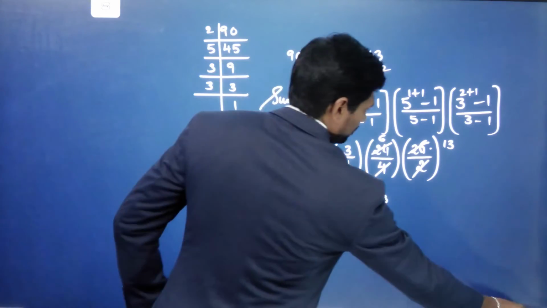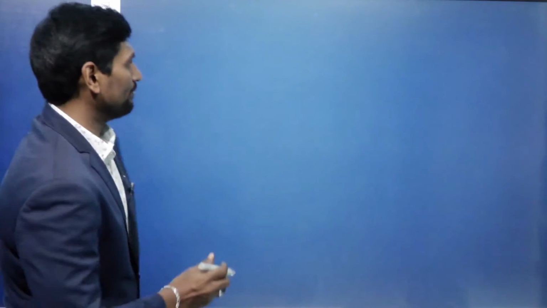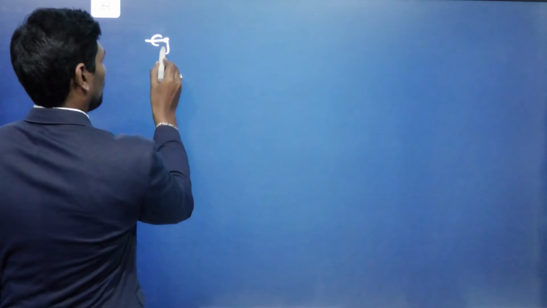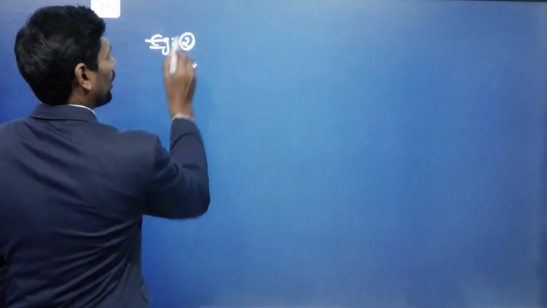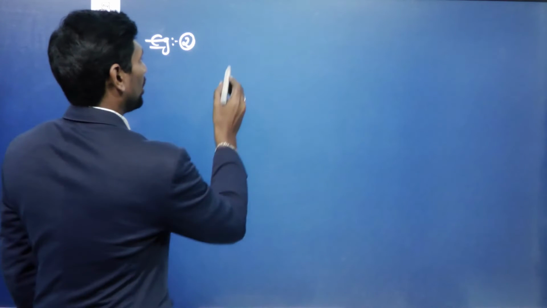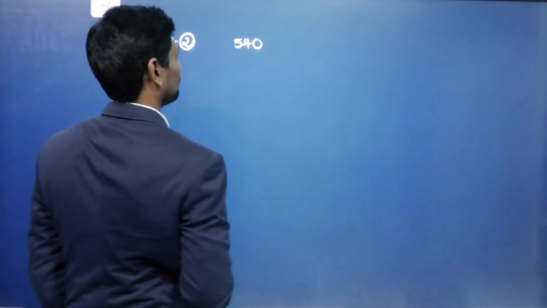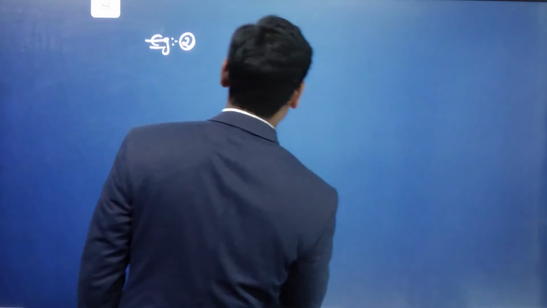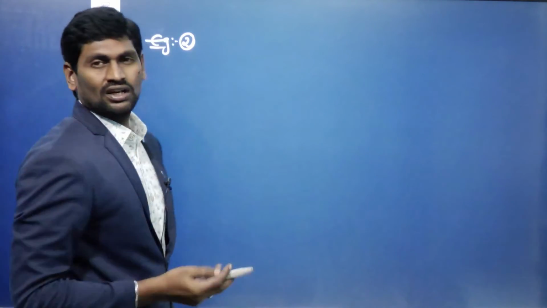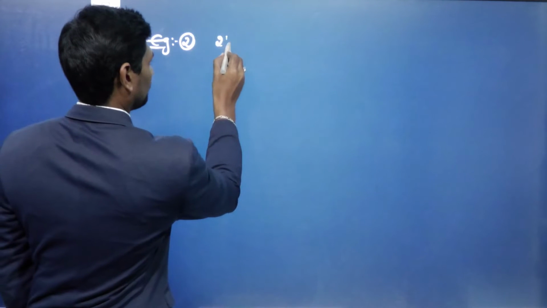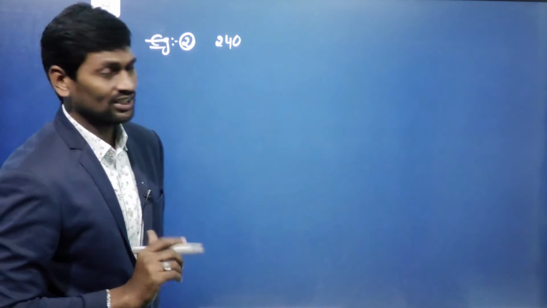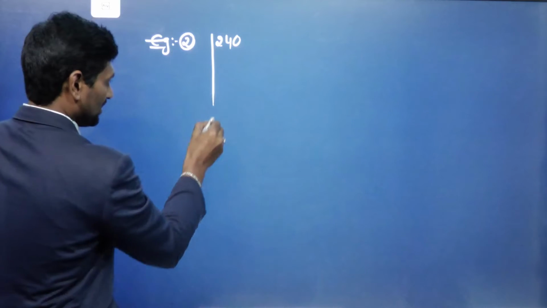Got it, right? So let us do the same by using one more example. I will take here 240, a 3-digit number only. So what is the first point for us?